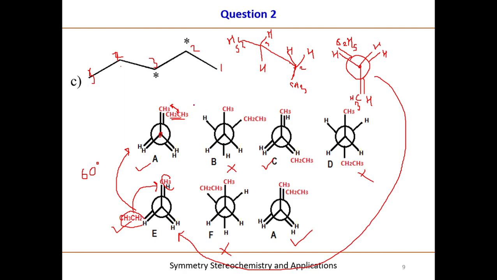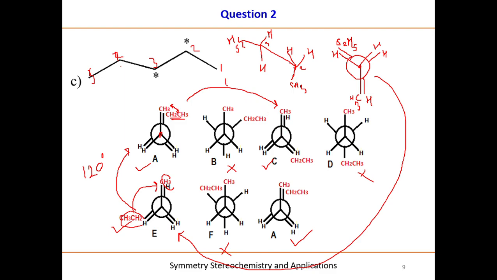If you rotate the backside carbon by 120, not 60, sorry. If you rotate by 60, you will get the staggered one. Sorry for the confusion.